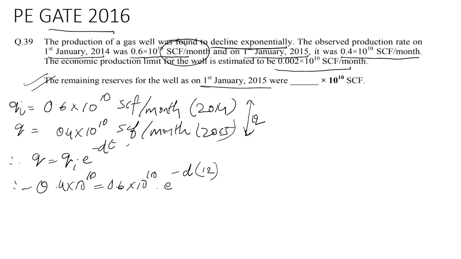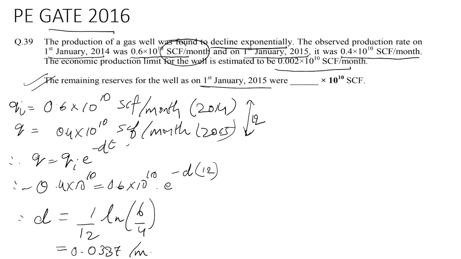So to find D, it will be 1 by 12 ln of 6 by 4. It turns out to be 0.0337 per month.